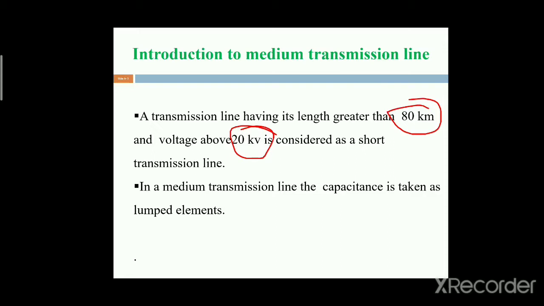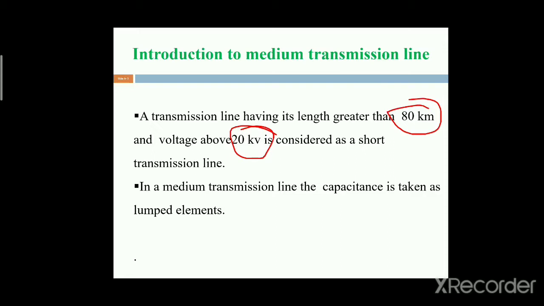If the length is less than 80 kilometers and the voltage is below 20 kilovolts, then the transmission line is known as a short transmission line.